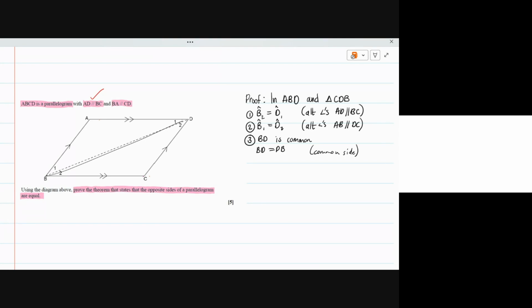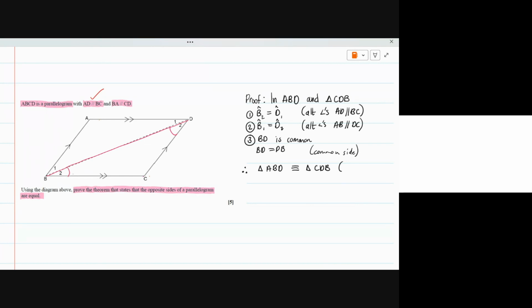All right, so this is the conclusion we've reached. We've reached 3 conclusions. Therefore, triangle ABD is congruent to triangle CDB. Let's find our reason for congruence. I'll show you here. If I map across this line here, I know that this angle is included in my proof and that angle is also included in my proof.